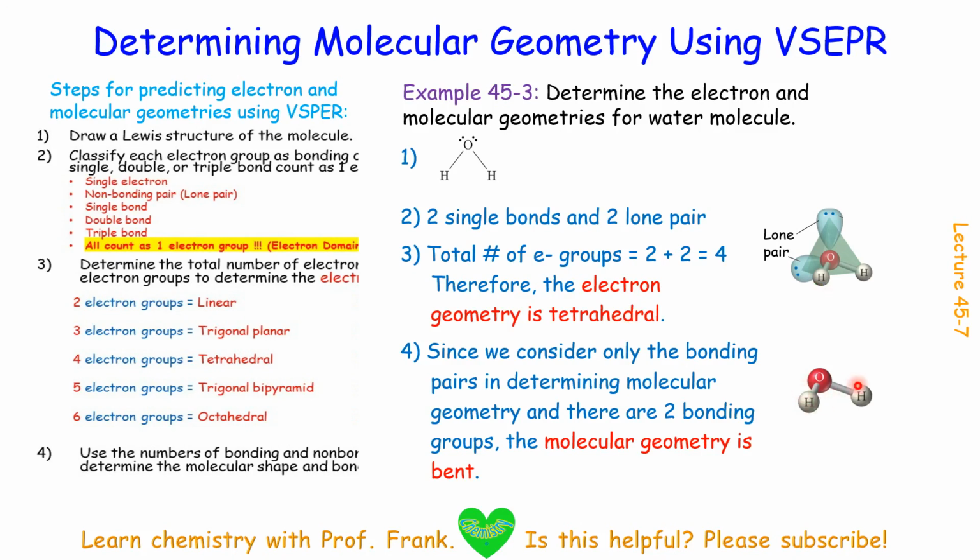But the molecular geometry is bent, because when we consider molecular geometry, we only consider those bonded atoms. We never consider lone pairs. That's why this is a bent structure. Therefore, the water molecule has a bent structure.